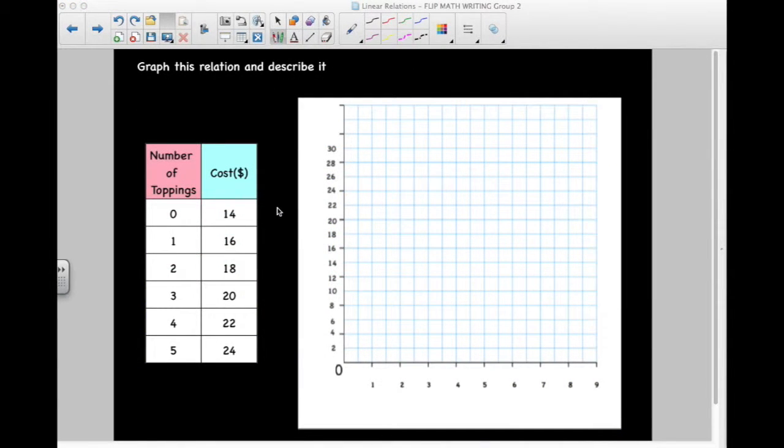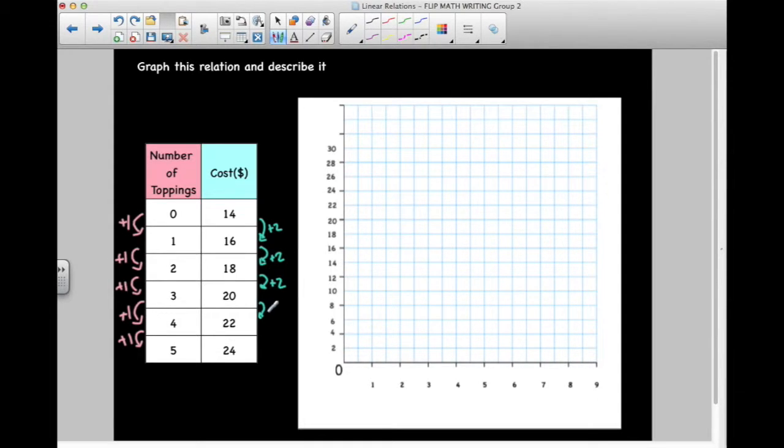So I took the time and I cleaned up our table a little bit. Remember that as we increase the number of toppings by 1 each time, we increased the cost of the pizza by 2. The first point is (0, 14). Well, we can let x represent the number of toppings and y represent the cost of the pizza.